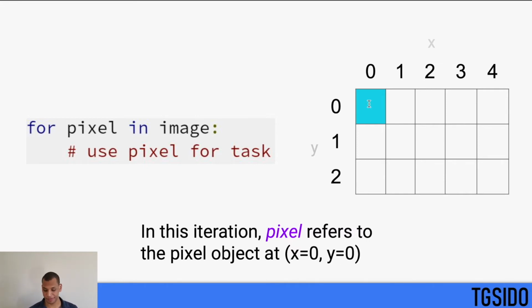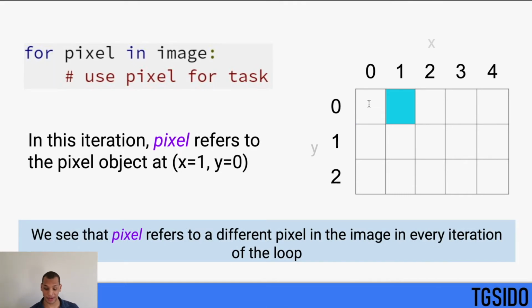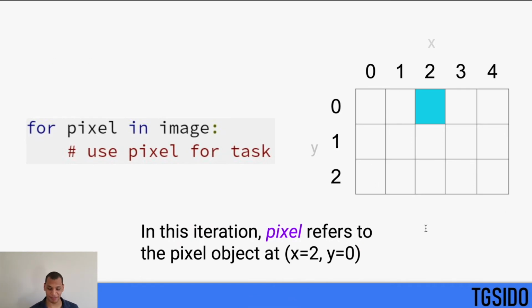That's right over here. Now in the next iteration of the loop, pixel is going to refer to the pixel object at x is equal to 1, y is equal to 0. So it just moved over 1. And so we see that pixel refers to a different pixel in the image in every iteration of the loop. Keep that in mind. In the next iteration, pixel refers to the pixel object at x is equal to 2 and y is equal to 0, and it continues in that fashion.